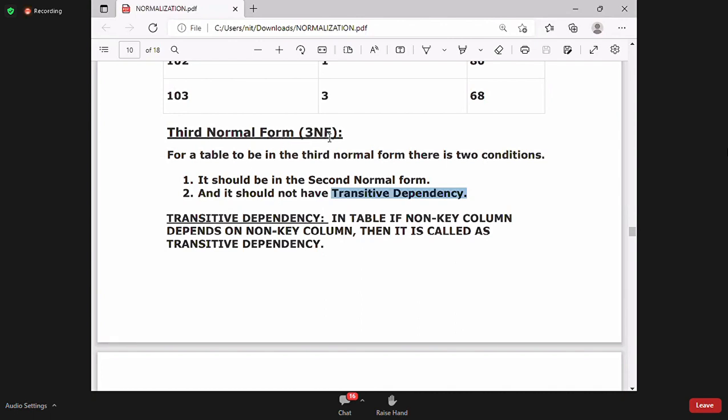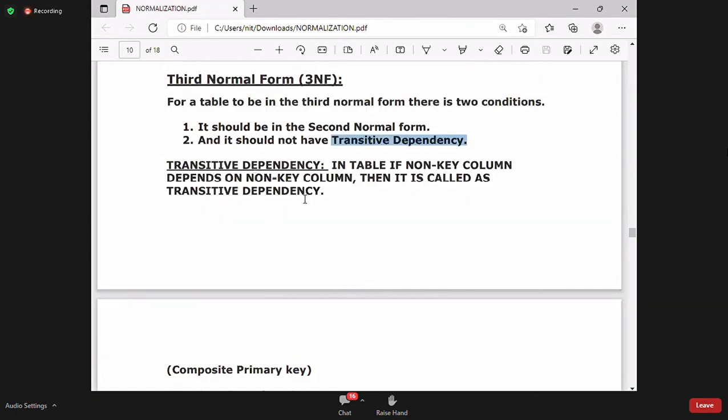That is what third normal form tells us. Now see, what is a transitive dependency? First the definition, understand. In a table, if a non-key column depends on another non-key column. Very important, both are non-key columns. That means your primary key is not involved here. So one non-primary key column depends on another non-primary key column.